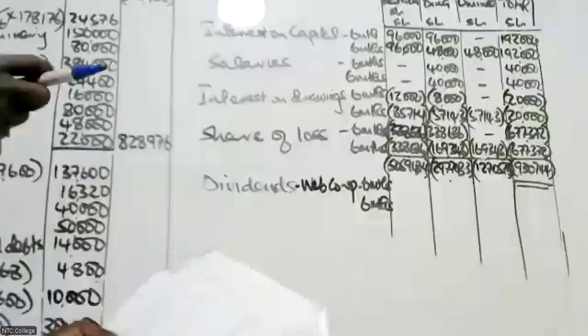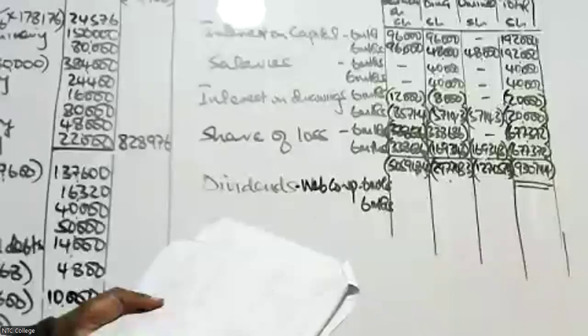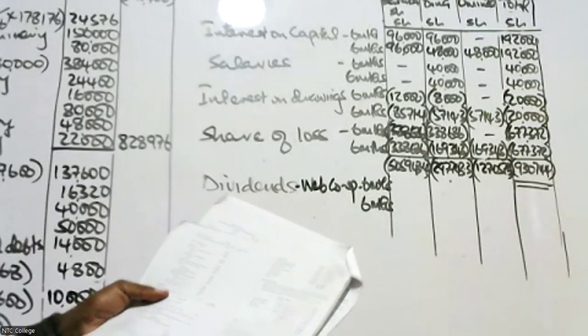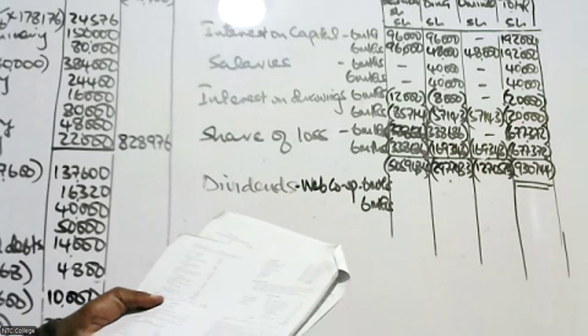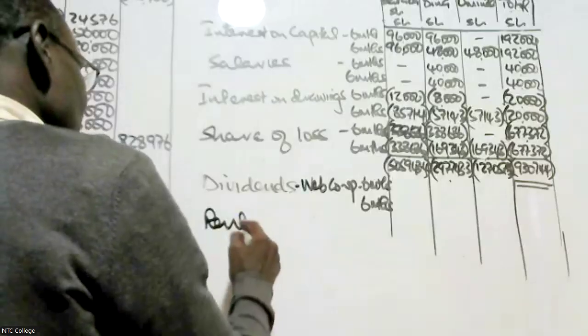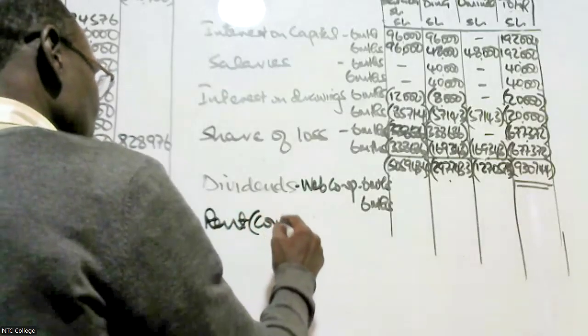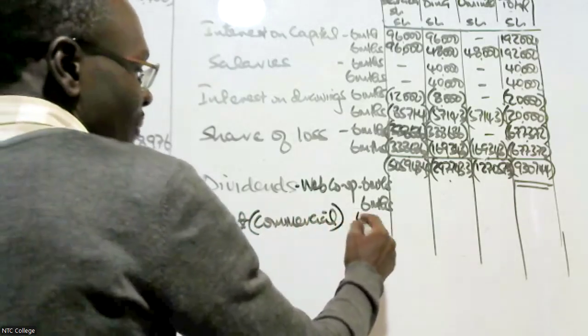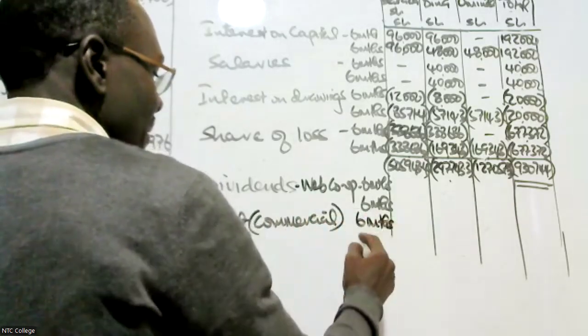Then in the cash book, note 2, get rental income. We are assuming this rent is commercial, because if it's residential, it cannot be taxed like this. So again, 6 months, 6 months.